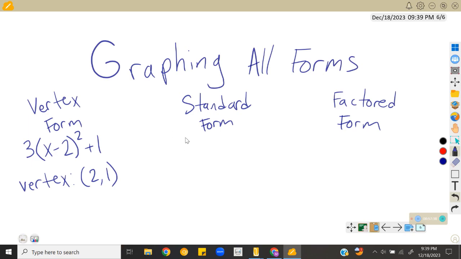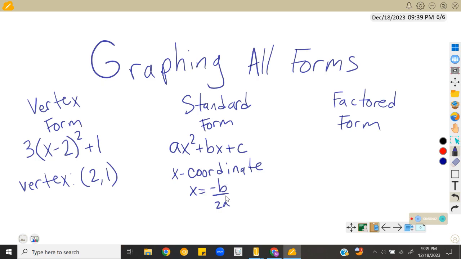Whereas in standard form, this is what we use all the time when we're working with the quadratic formula. And in this case, the x coordinate of the vertex is x equals negative b over 2a.